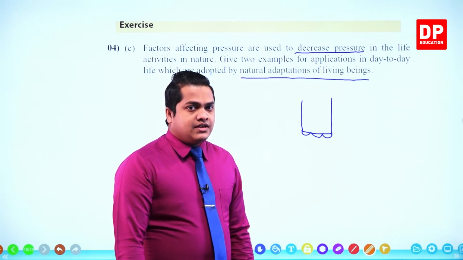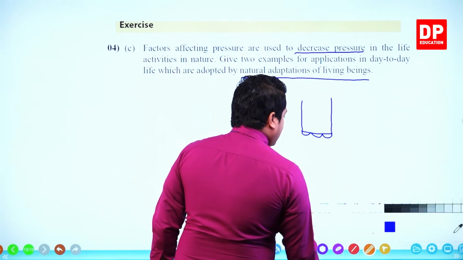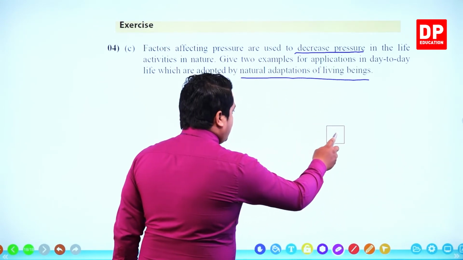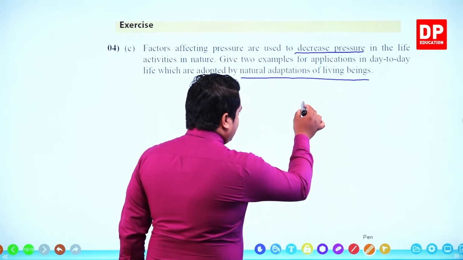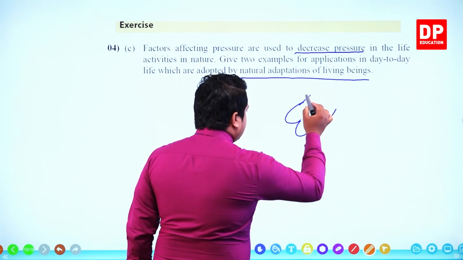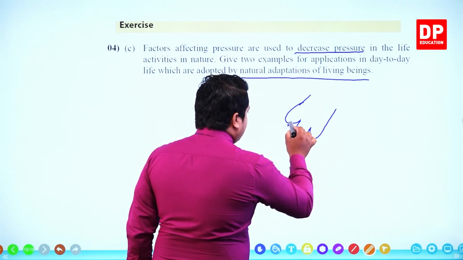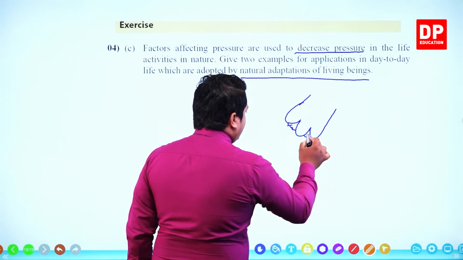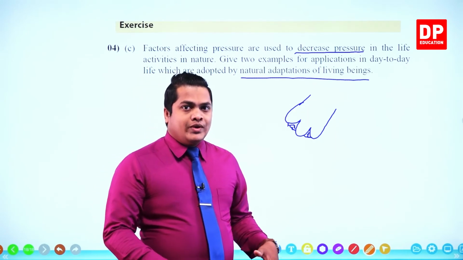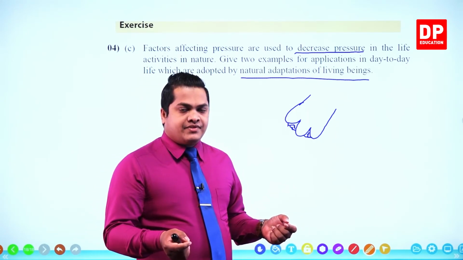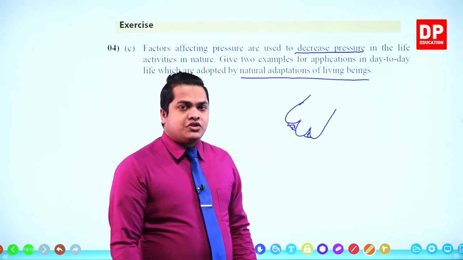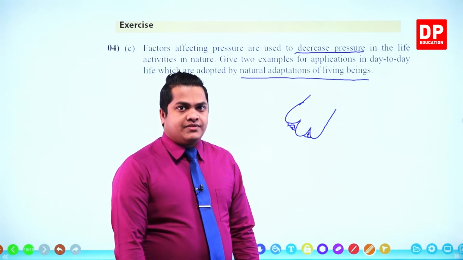And the second case, I think you have seen that the animals like ducks and frogs have legs like this, and within the legs there is a small bit of a tissue layer which interconnects these toes. It helps to increase the surface area and to decrease the pressure. You know that ducks are going to travel on muddy places most of the times.